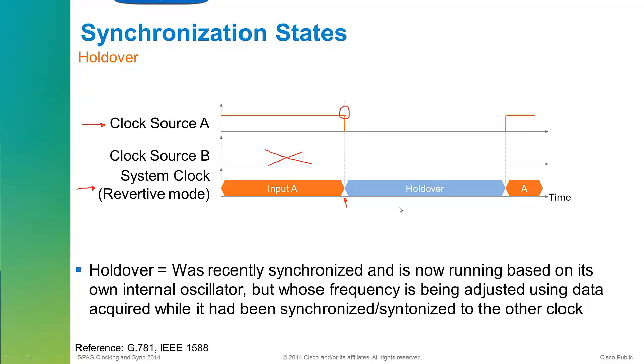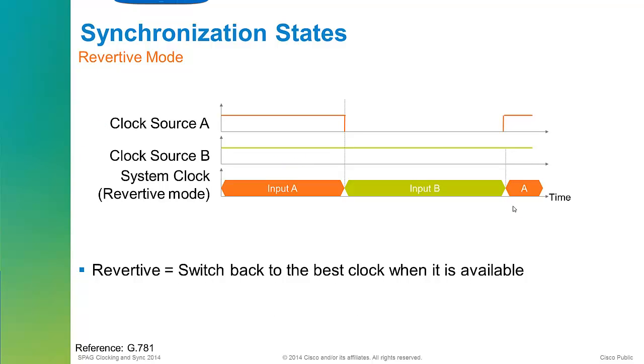So it's better than having no source at all, but over time, of course, it tends to lose its accuracy just because it hasn't been synchronized to a source for quite a while. And at some point, it comes back, and we then connect back to using that as a frequency source. And that's what we call revertive mode, which I'll cover in a sec, where we revert back to the source that we originally had.